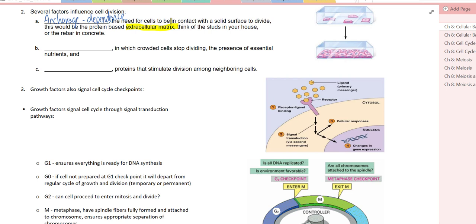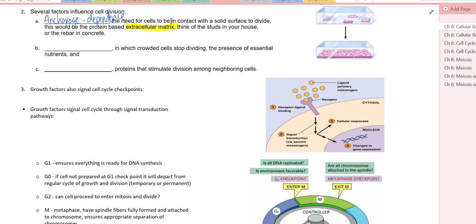If you've ever checked that out, it's a very interesting topic, but one of the primary components in terms of harvesting cells from an individual and using those cells to grow entire organs is having a scaffold, almost like a network. Think of a maple tree in the wintertime without any leaves on it. There's this sort of network and scaffolding to which cells can attach. So that's one key factor influencing cell division.